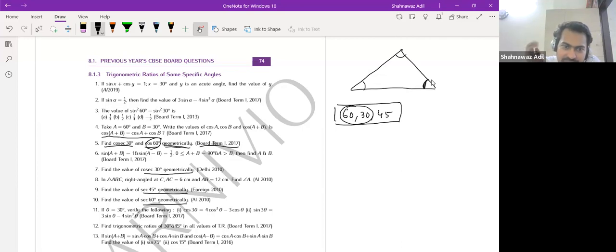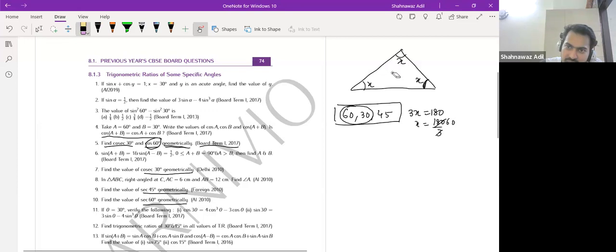The sum of all angles is 180. Let's say this is equal, equal, equal. Then 3x is 180, right? So x would be 180 by 3, which is 60. So remember, in an equilateral triangle, all angles are 60. You know this, right, guys?